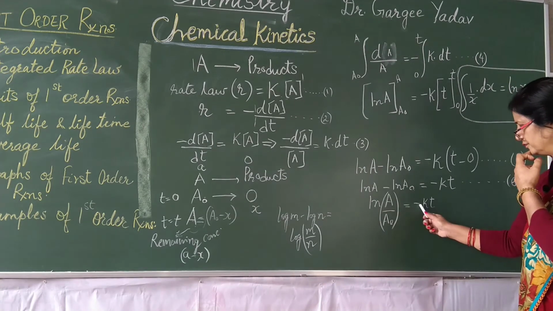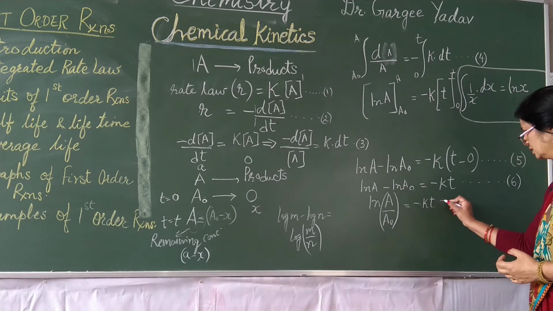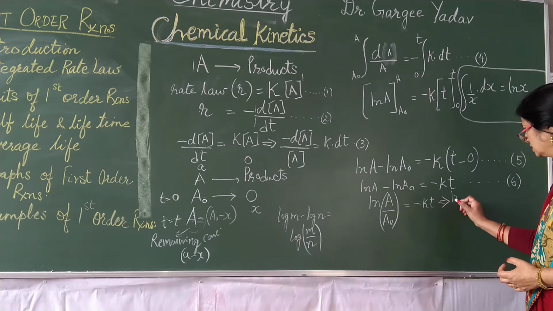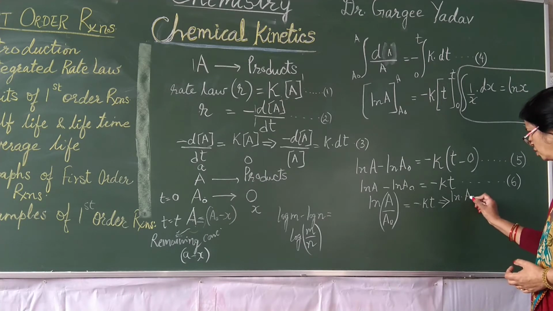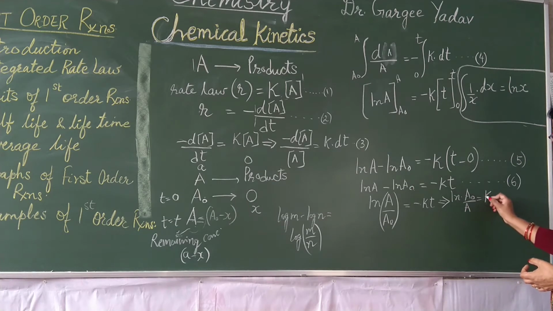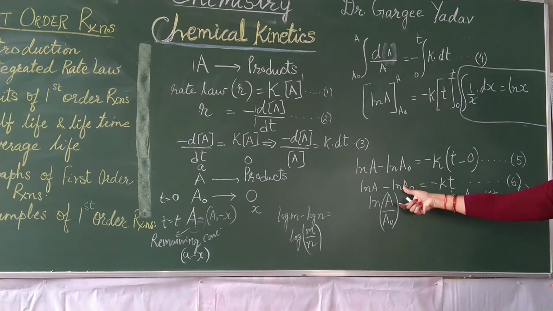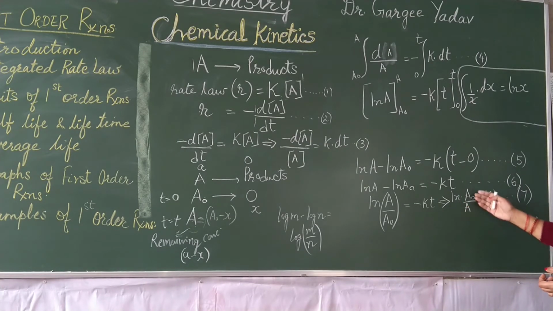So we will reverse this expression, and this is another form of it: log natural A naught upon A will be equal to kt. I have done this just to remove the negative sign.